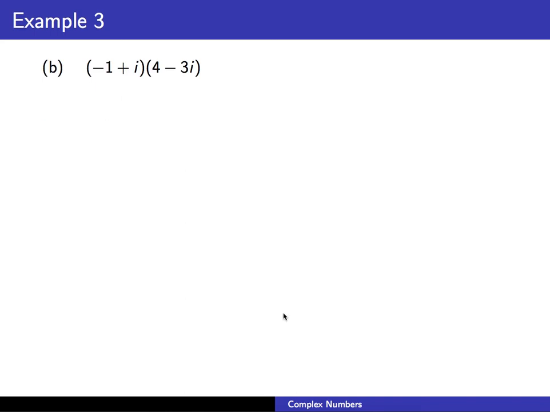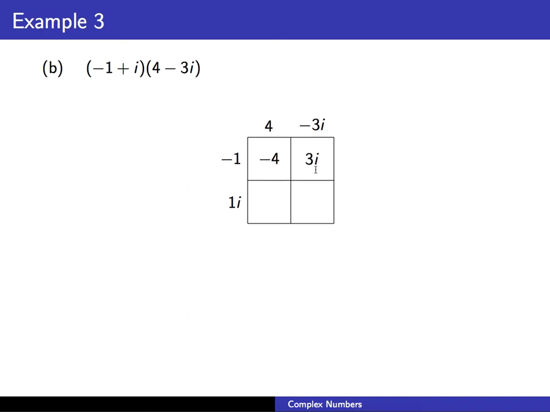For 3b, we have negative 1 plus i, and we're going to multiply that by 4 minus 3i. Multiplying it out, negative 1 times 4 is negative 4. Negative 1 times negative 3i is positive 3i. Distributing the i, 4 times i is 4i, and negative 3i times i is negative 3i squared. So once again, we have an i squared, which is actually negative 1. So this is negative 3 times negative 1, which is positive 3.